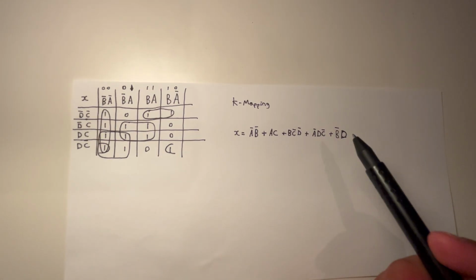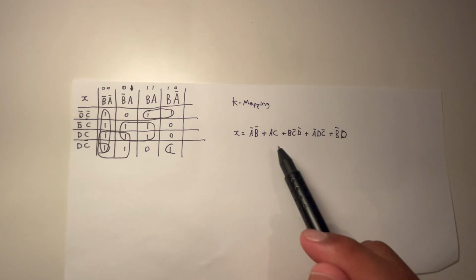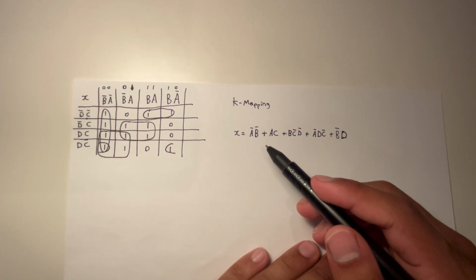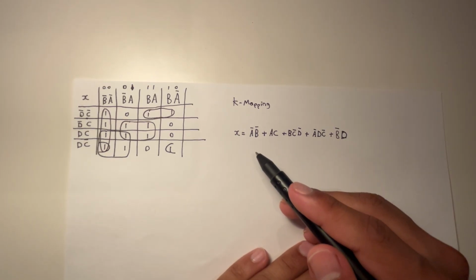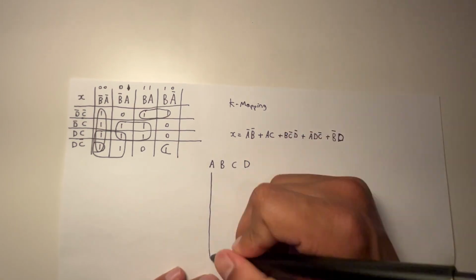So now we have this expression, which is great, but what do we do with the expression? Well, the expression is basically an algebraic representation of this truth table. Since this is a Boolean algebra statement, not a regular algebraic statement, we can actually implement it really easily with logic gates. So let's see what that looks like.